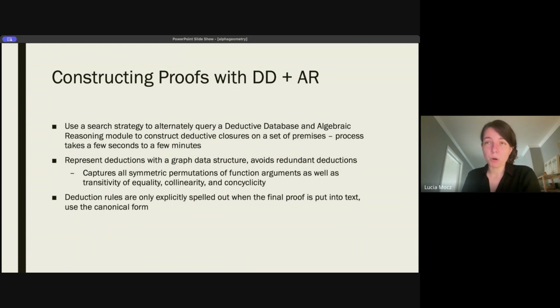What's important at this point to take away is that what you get from a deductive database and an AR approach is that, given a set of premises, you can completely solve to a conclusion one of these problems.